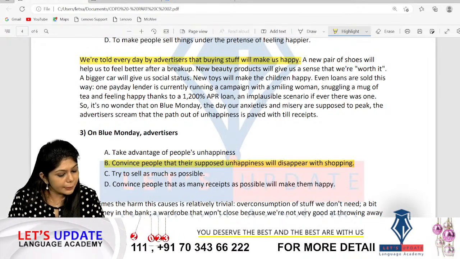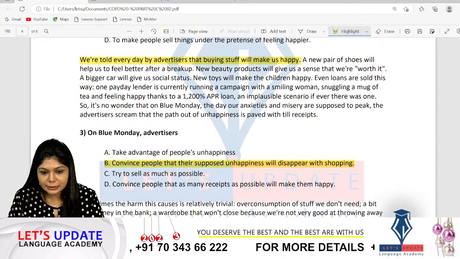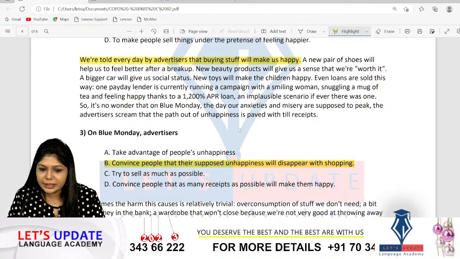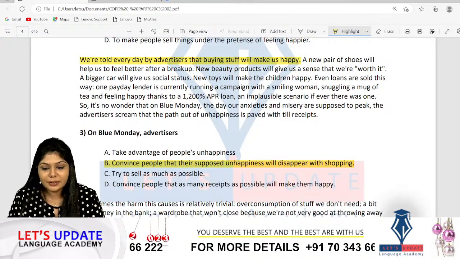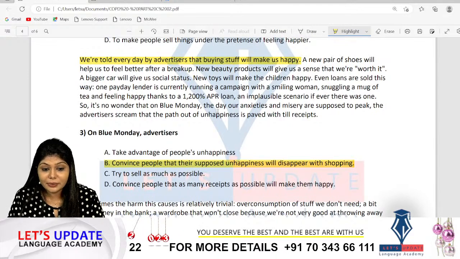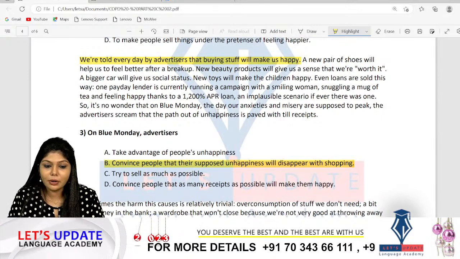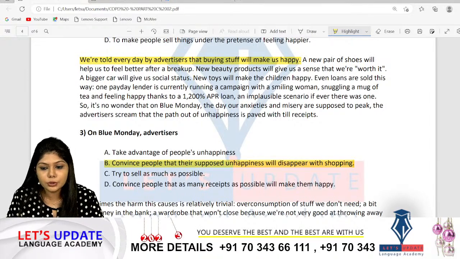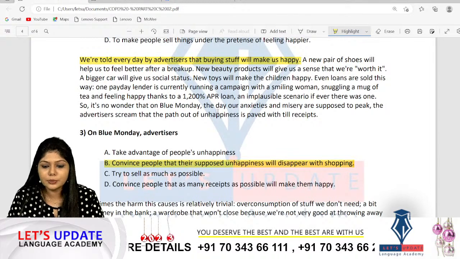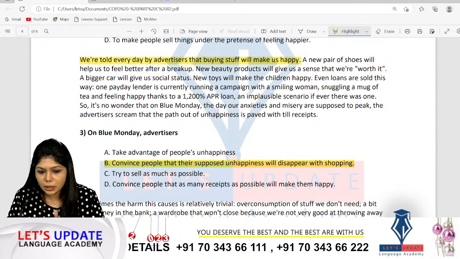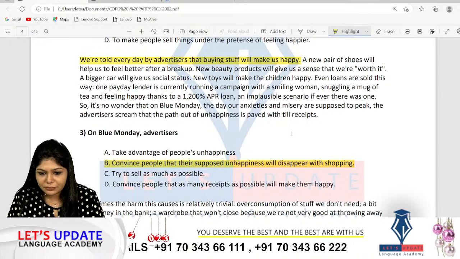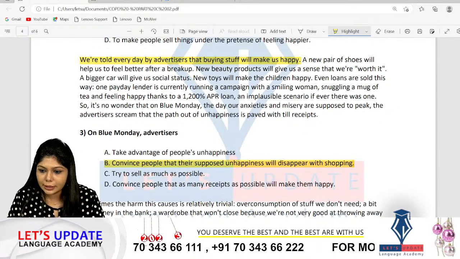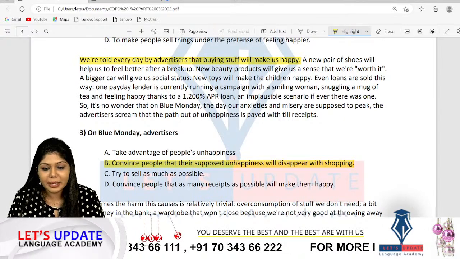Congrats to all those who've answered the correct answer. Towards the end of the passage also, they have hinted that the advertisers are screaming, or supposedly saying, that the anxieties and misery of people will disappear, and they will be much happier. That is what they are hinting towards the end of the paragraph also.